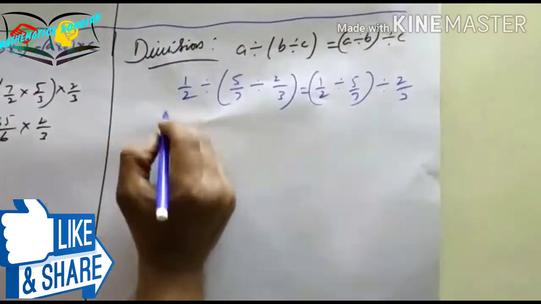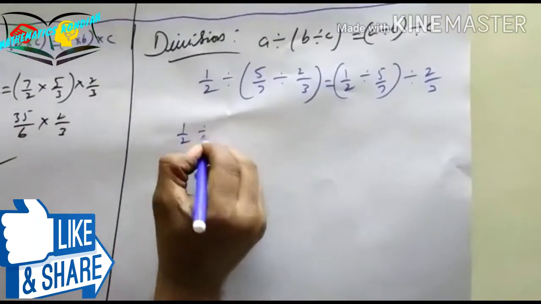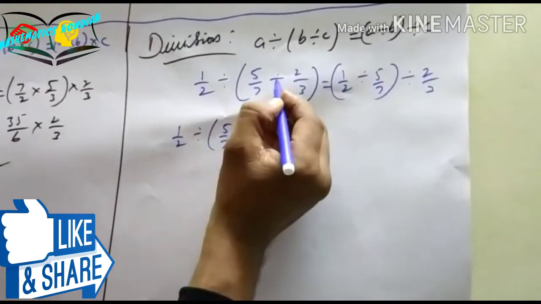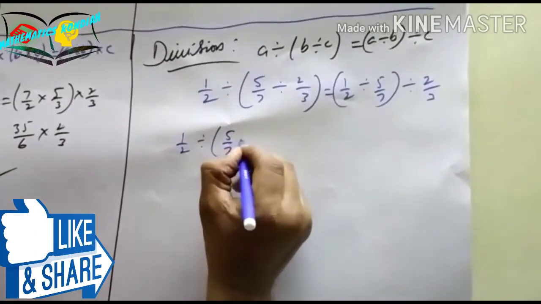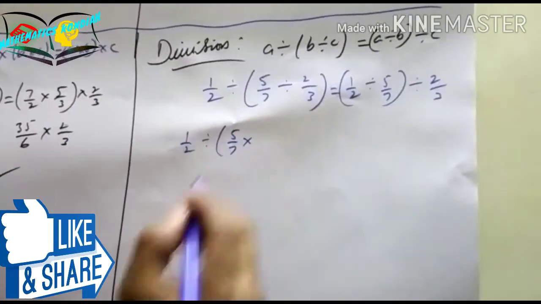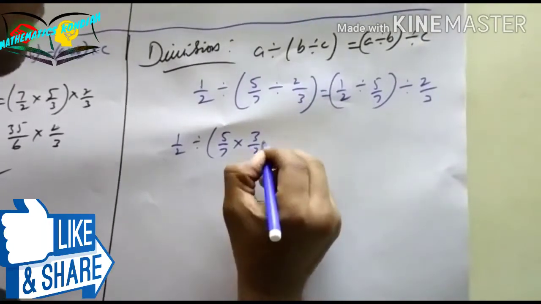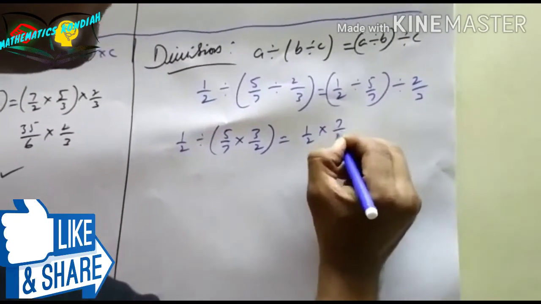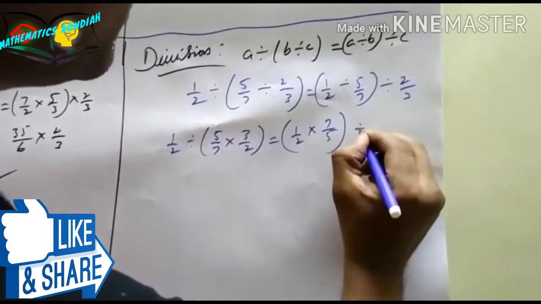Now, 1 by 2 divided by 5 by 7: division changes to multiplication, and the fraction becomes its reciprocal, so 7 by 5.